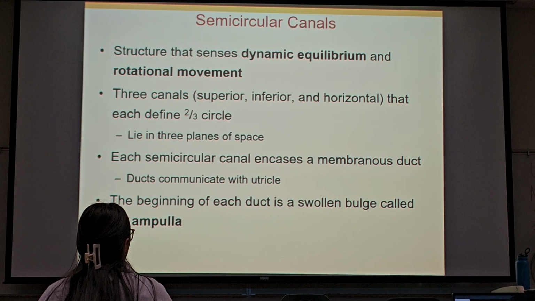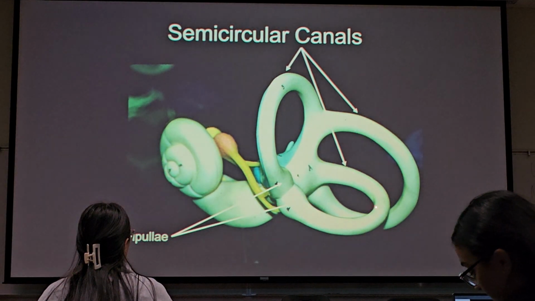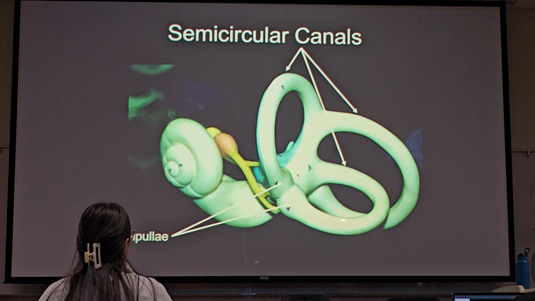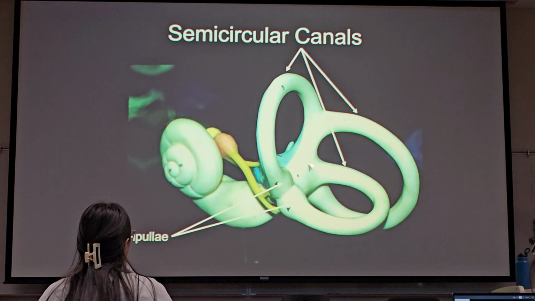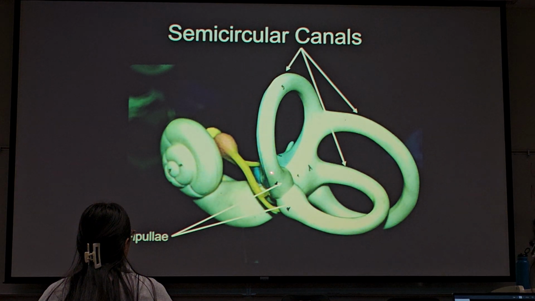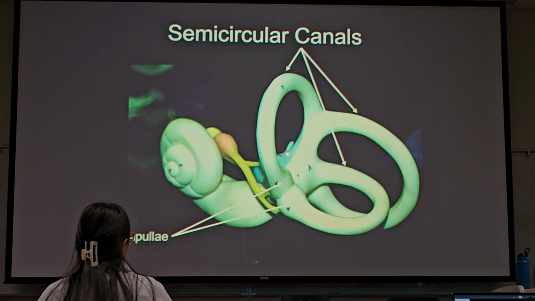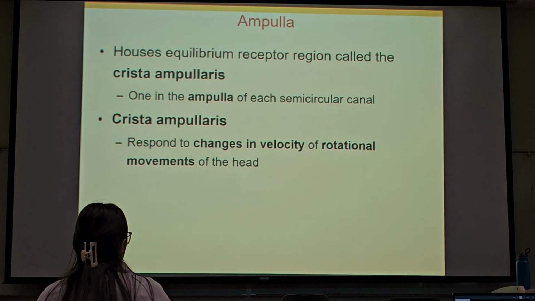Those bulges are called ampulla. So here they are, semicircular canals. They have these bulges at their ends that are continuous with the utricle. And then the membranous labyrinth inside is this duct traveling inside that bony labyrinth.